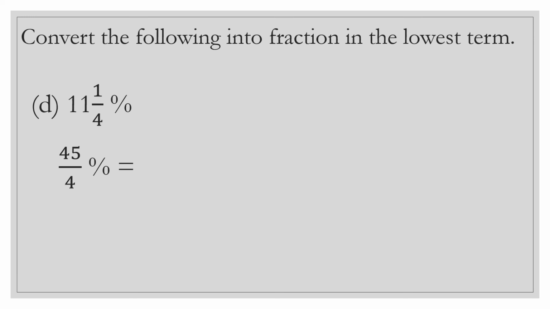So 45 upon 4% is equal to 45 upon 4 multiplied by 1 upon 100. Now simplify. See, 45 and 100 both are divisible by the same number 5. So divide. 5 nines are 45 and 5 20s are 100. Now it cannot be further divisible. So do the multiplication. If we multiply, we get 9 upon 80. See, 9 and 80 have no common factor other than 1. So 9 upon 80 is in lowest term.